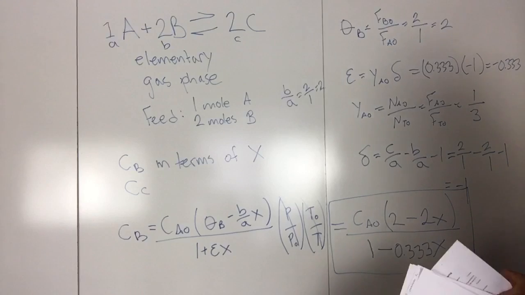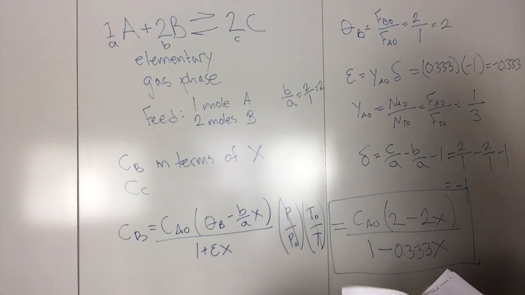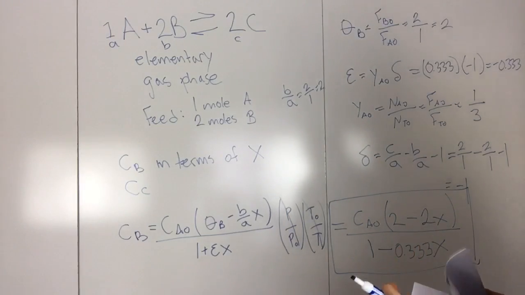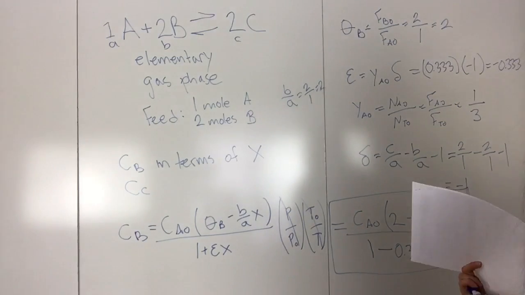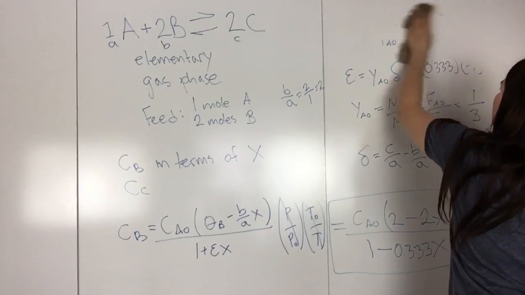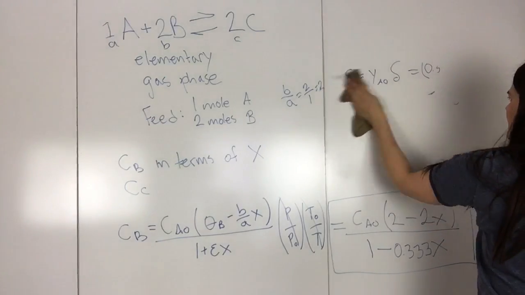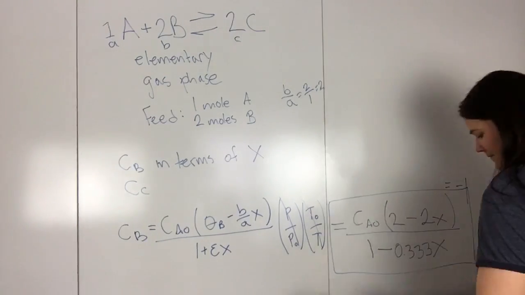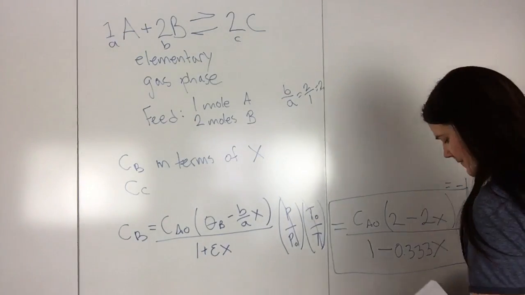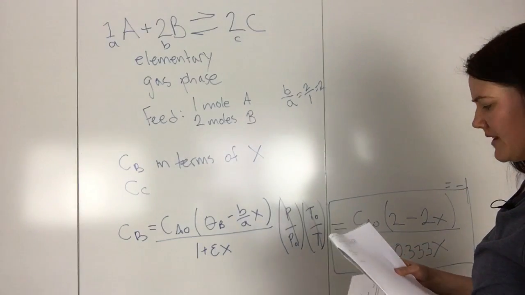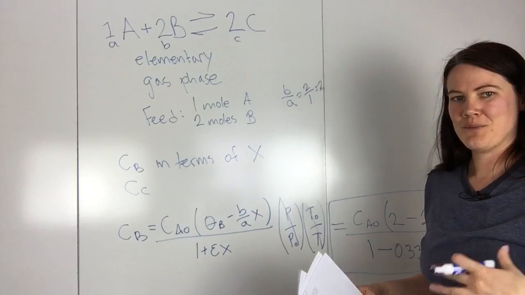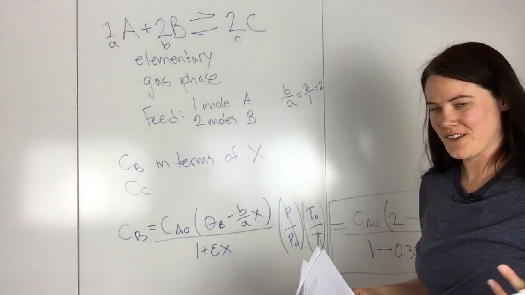And then for C of C, I'm going to go ahead and erase something so there's room. For C of C, it's the same method. First of all, we would go to the chart in Chapter 3 and pull off the equation that you hopefully know how it was derived.